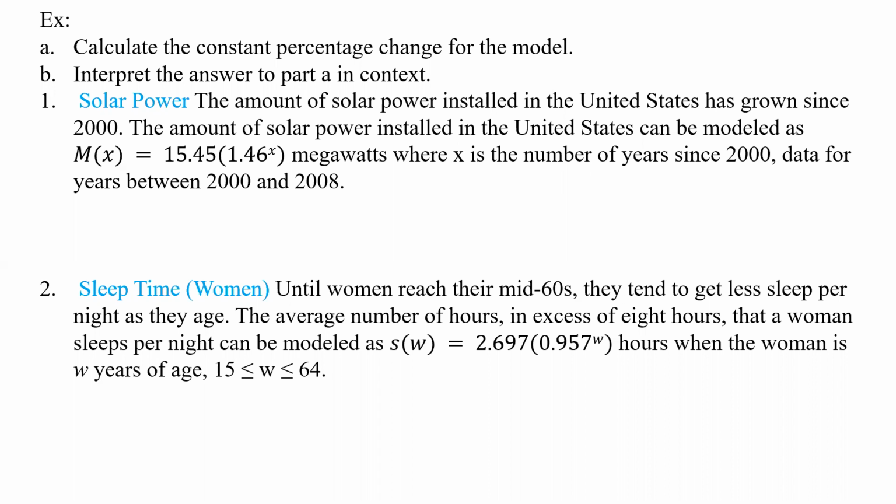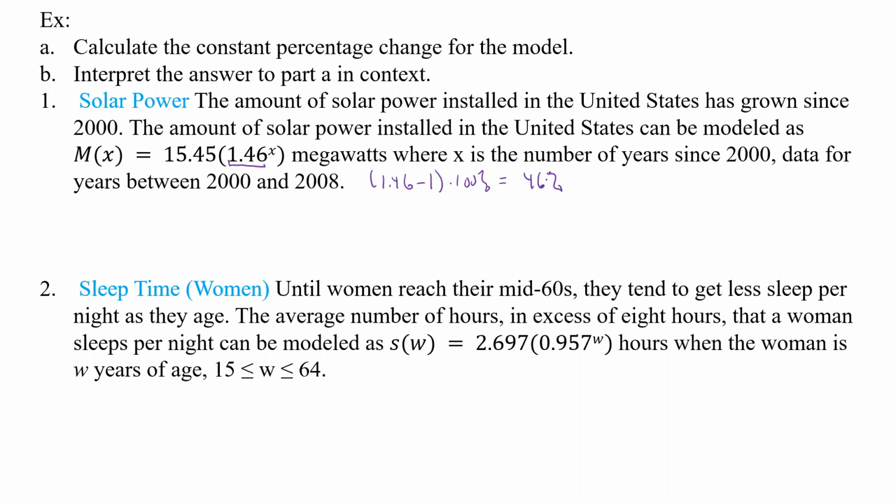It can be modeled as M of x equals 15.45 times 1.46 to the x megawatts, where x is the number of years since 2000, and the data is for the years between 2000 and 2008. So we're supposed to calculate the constant percentage change for the model. Well, we have to look at that b here. So that's going to be 1.46 minus 1 times 100%, and that's going to give us a 46% change.